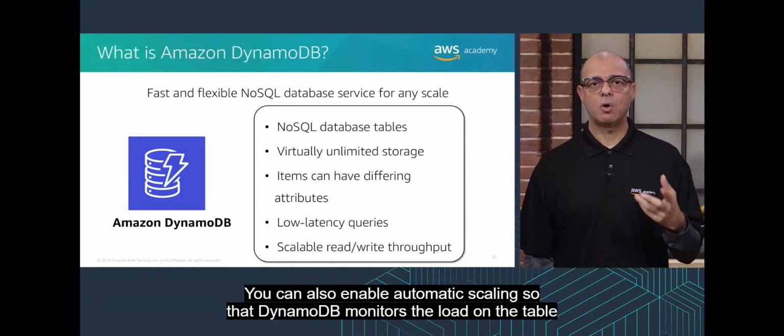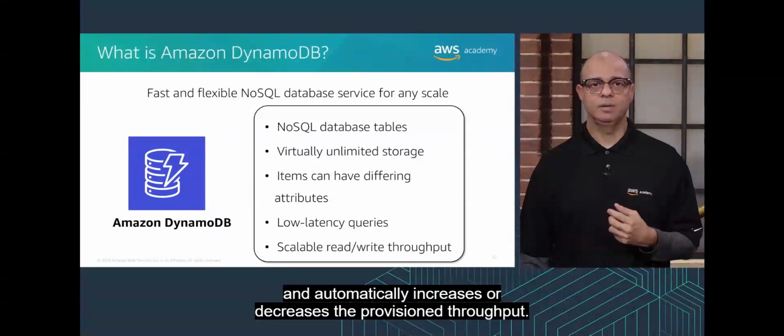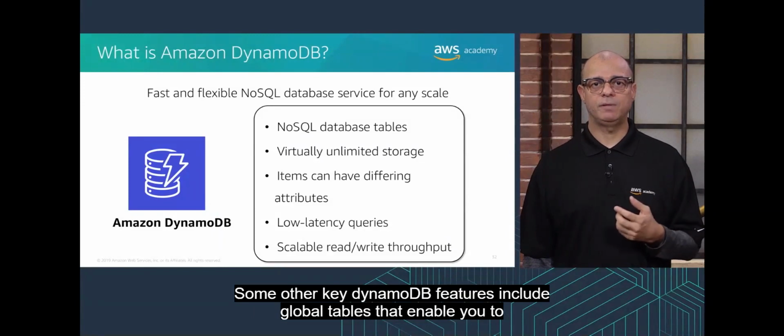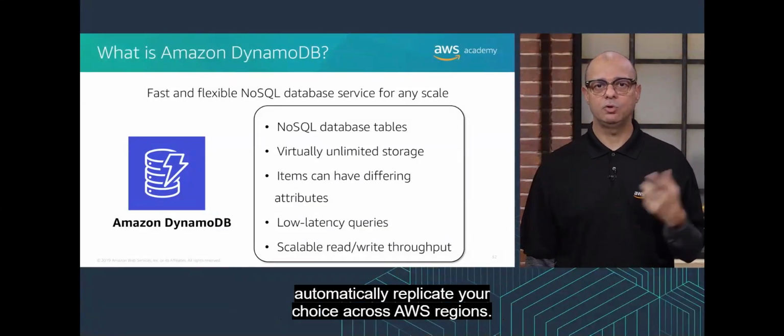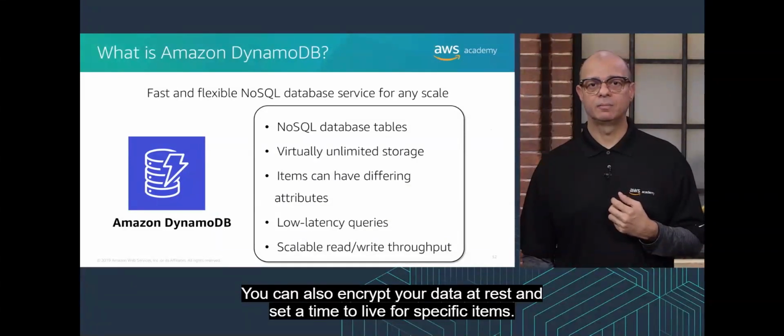You can also enable automatic scaling so that DynamoDB monitors the load on the table and automatically increases or decreases the provisioned throughput. Some other key DynamoDB features include global tables that enable you to automatically replicate your data across AWS regions. You can also encrypt your data at rest and set a time to live for specific items.